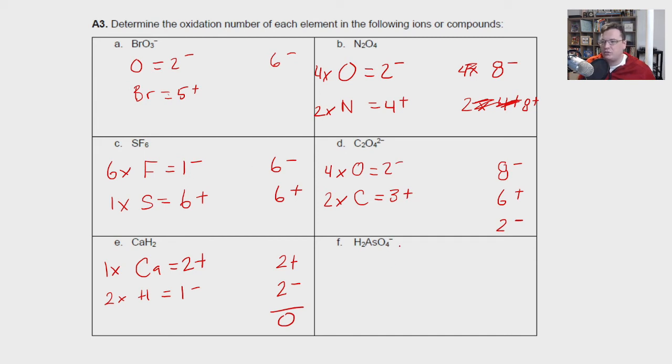Last one, H2AsO4-. We have 3 different elements in this case. One important thing to think about is that when you have hydrogens at the beginning of something, those are always going to be positive. Those are always going to be protons, essentially. They're always going to be positively charged 1+. Those are always going to be acids.